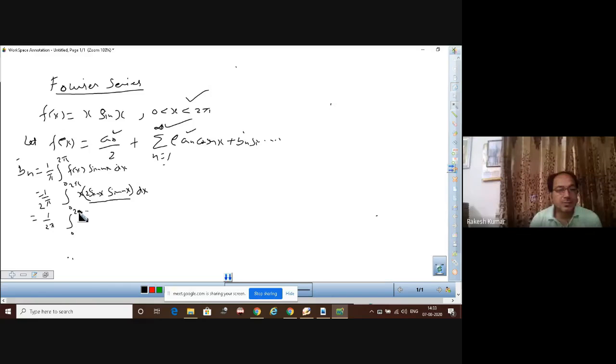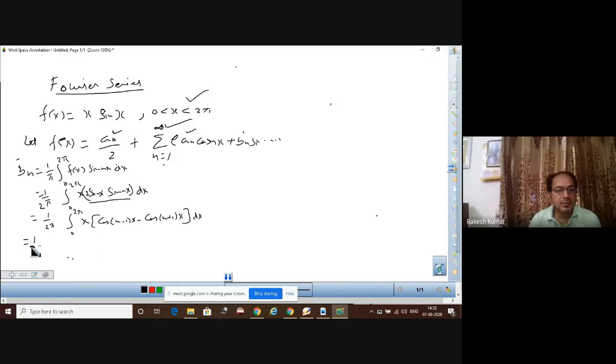1 over 2 pi, integral from 0 to 2 pi of x. Now apply the formula of 2 sin a sin b, that is cos of a minus b minus cos of a plus b, dx.